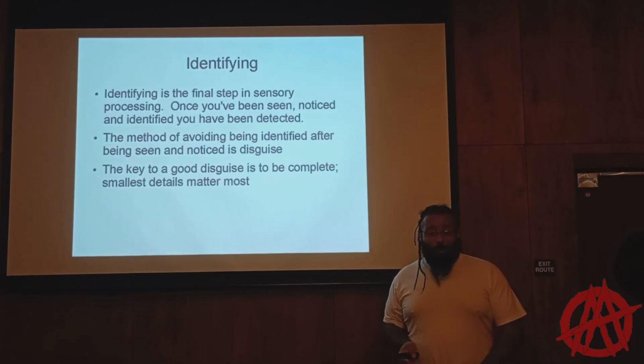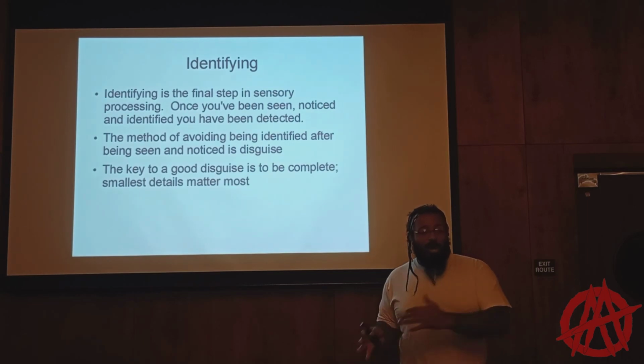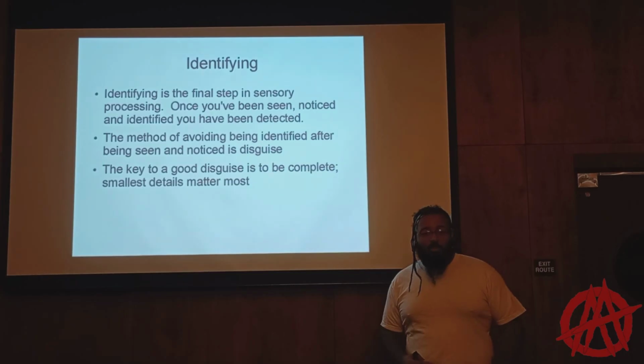If I was walking around without a uniform, but all my mannerisms are right, or I'm walking around with a uniform and I'm wearing Crocs, but my mannerisms are right. I stand the right way, I talk the right way, I have all the small details down, I can pass as a soldier. Whereas the opposite, I've got all the regulations perfectly, but I just don't have the mannerisms down, I don't have the gait right, I look funny, you know what I'm saying? That's going to give me away.